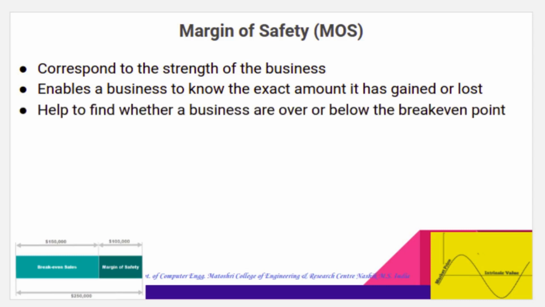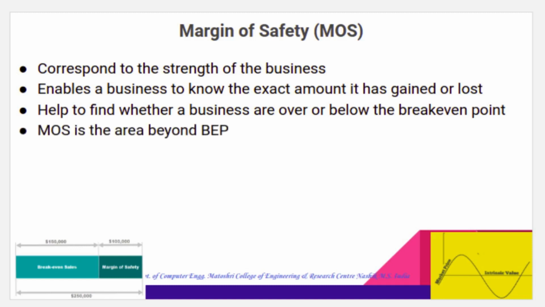Margin of safety finds where businesses are over or below the break-even point. It is an important figure for any business because it tells management how much reduction in revenue will result in break even.